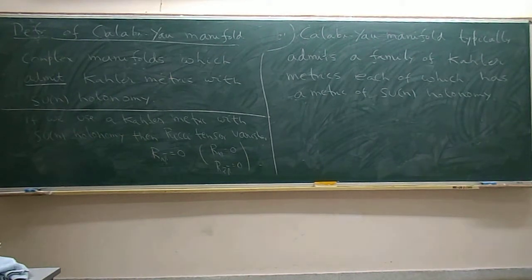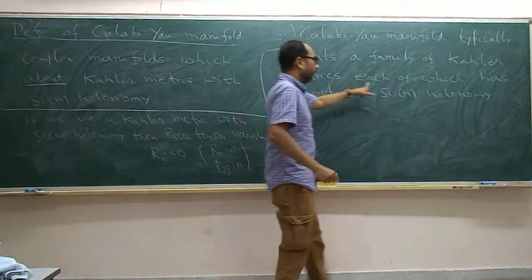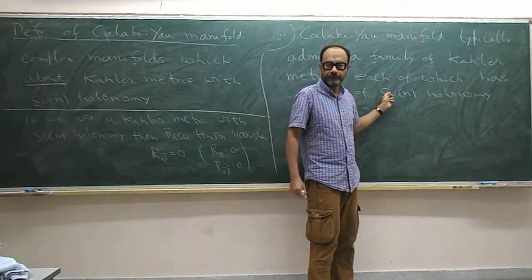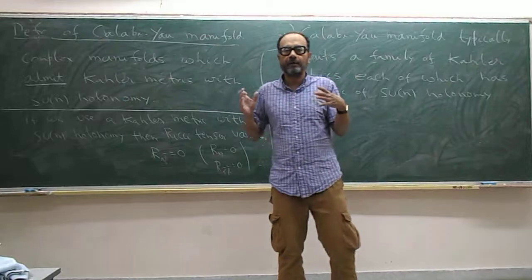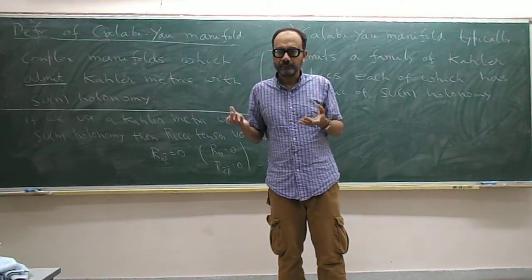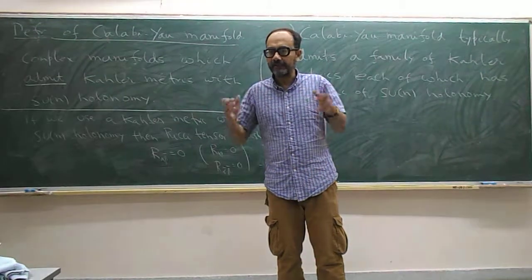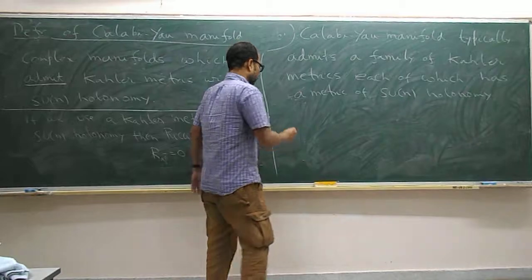But it turns out that you can get a family of Kähler metrics, and each member of the family has a metric of SU(N) holonomy. So in other words, given the Calabi-Yau manifold, the SU(N) holonomy metric may not be unique. There may be lots of SU(N) holonomy metrics, in fact, a family of SU(N) holonomy metrics. This family is called the Kähler moduli.